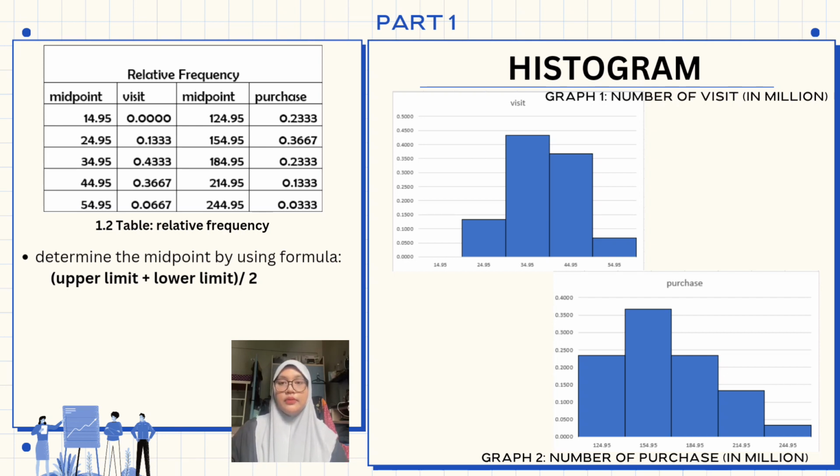I determine the midpoint by using the upper limit plus the lower limit divided by 2. For the relative frequency of the number of visits, I use a formula which is the frequency of the class divided by the total of the e-commerce websites. For the number of purchases, I also use the same formula, which is the frequency of the number of purchases divided by the total e-commerce websites.